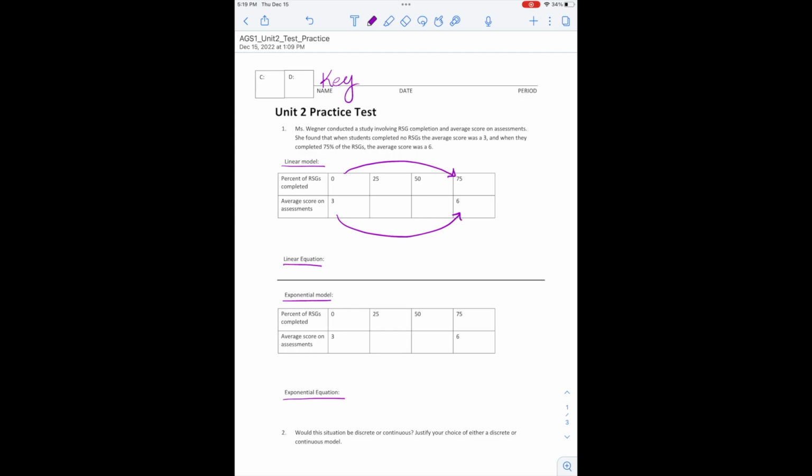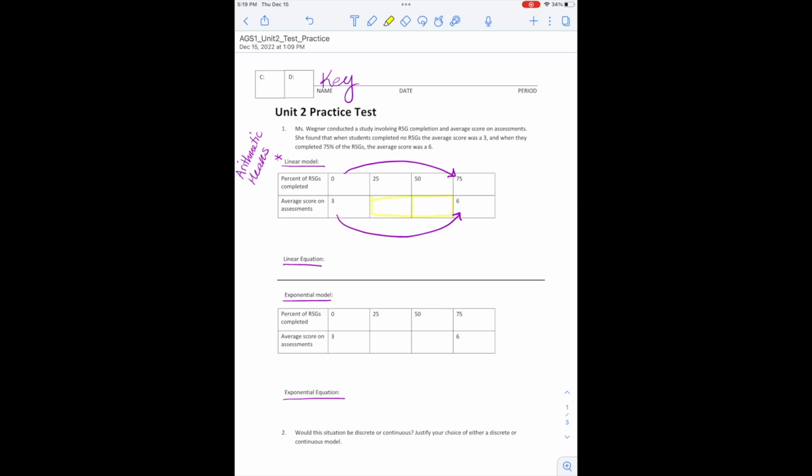Since this is linear, we are going to use arithmetic means. In doing so, we will be able to find the values that belong in these two boxes.